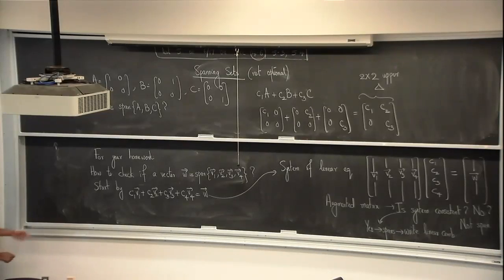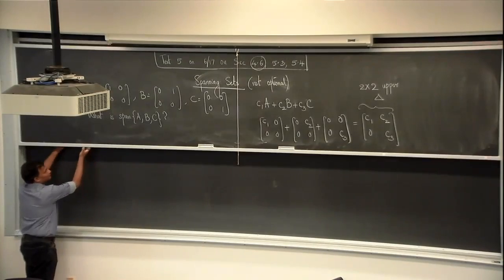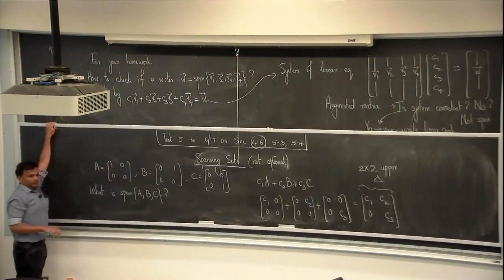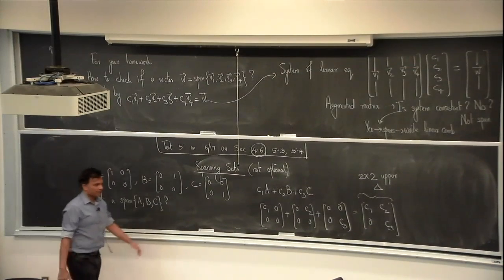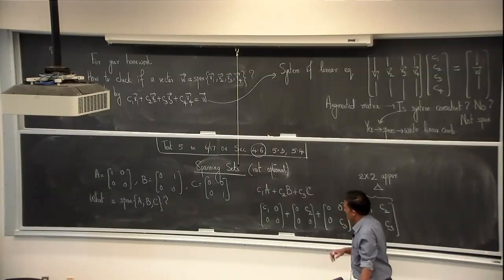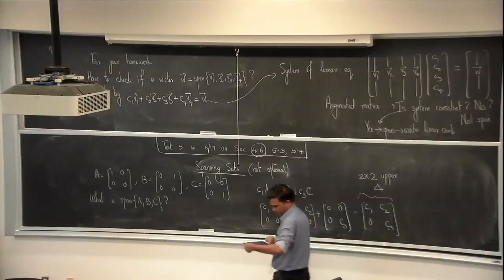Let's do a few examples. I'm going to mix it up a little bit so that you get an idea about all kinds of vectors. Just a couple of seconds here, please.